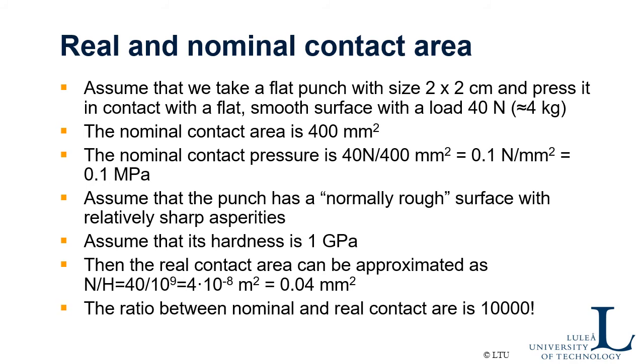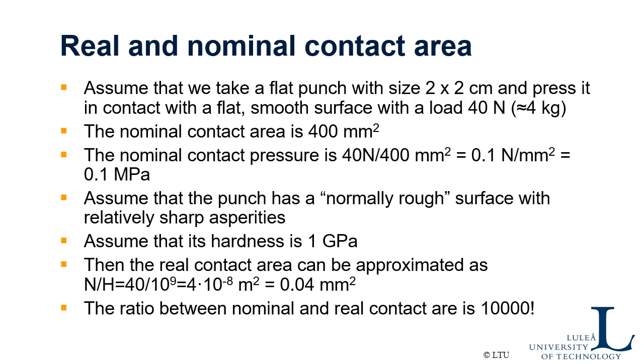So the ratio between the nominal and the real contact area is something like 10,000. So 10,000 times smaller real contact area than the nominal contact area. The two surfaces only touch each other in tiny spots of 0.04 square millimeters. That is something like 0.2 by 0.2 millimeters. So it's very much smaller than the nominal area of the 2 by 2 centimeter punch here.